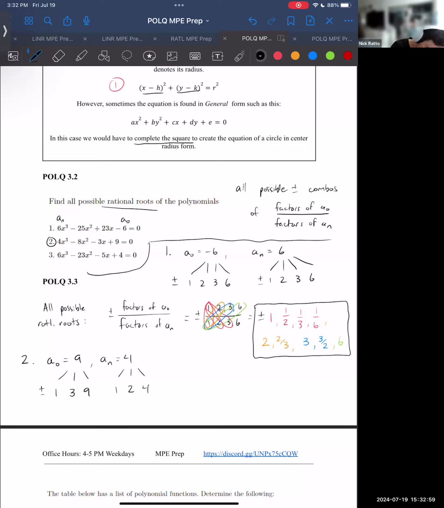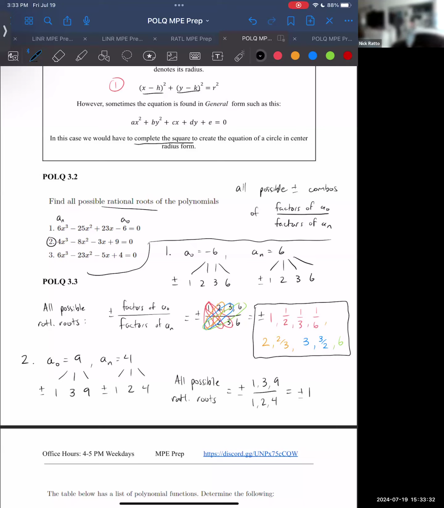And these are all plus minus. So all possible rational roots are plus or minus 1, 3, and 9 over 1, 2, and 4, which we'll go ahead and find all those combos in the same pattern.